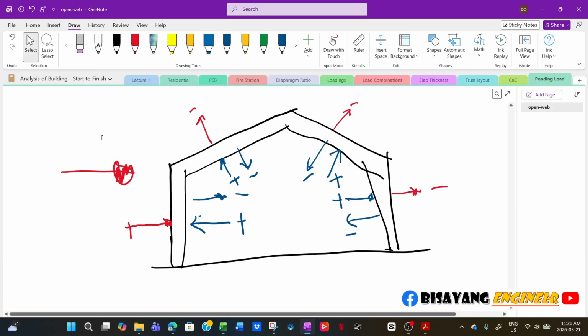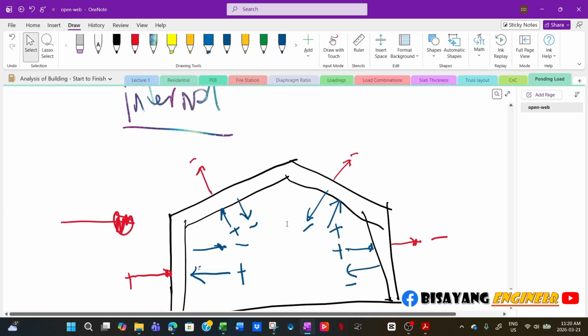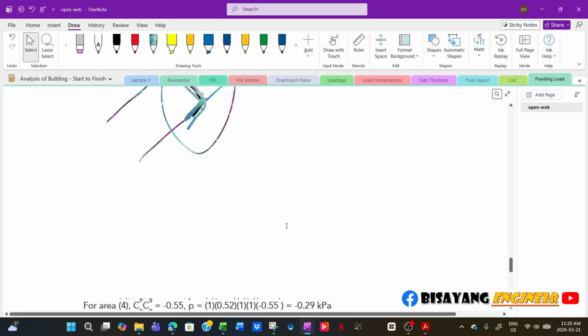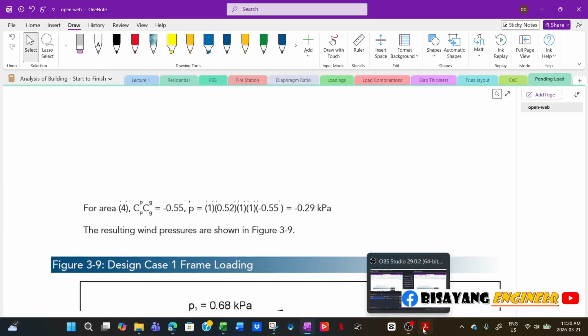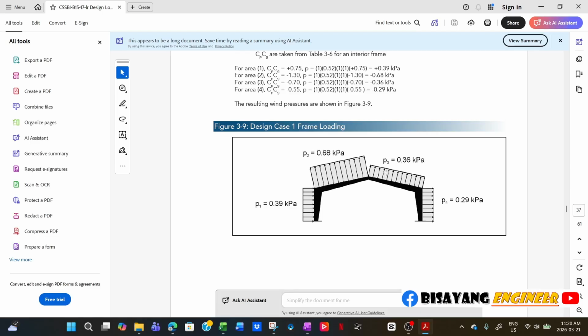If you notice the value here, one is positive, one is windward because it is going this way.